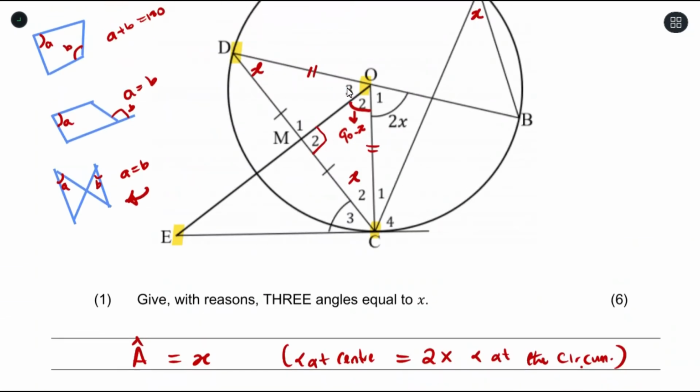Now, the next thing we also see here is that C2 and C3 actually give us 90. And the reason why it gives us 90 is because OC is a radius and EC is a tangent. And whenever a tangent and a radius intersect, the angle they produce is 90 degrees.